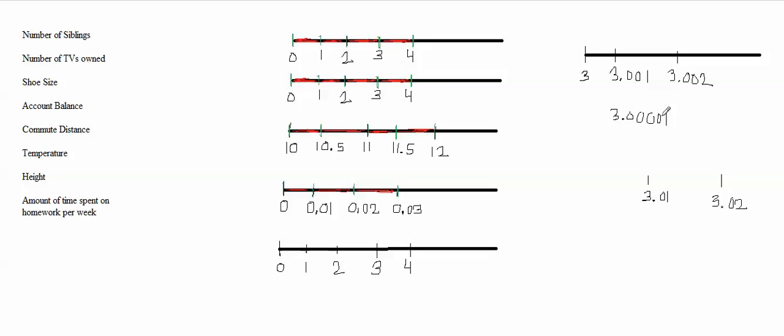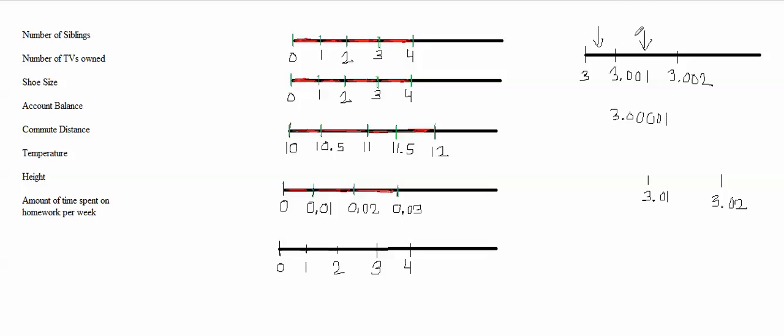But what I'm talking about here is not a number that we're recording for a person's commute distance. I'm talking about a person's exact commute distance, not the number that we would record on a piece of paper, but a person's exact commute distance in miles. That number could fall somewhere in between here, and it could fall in here.